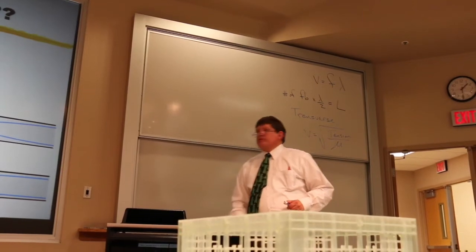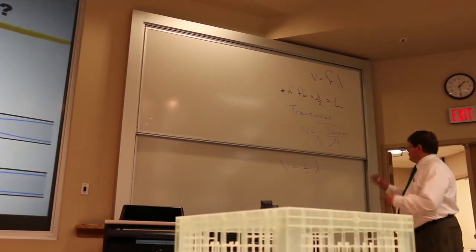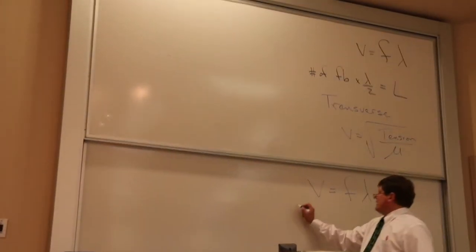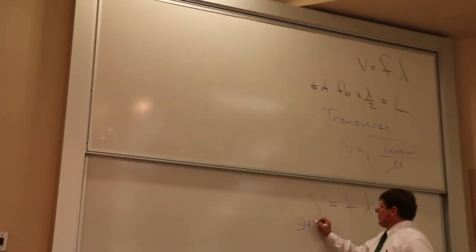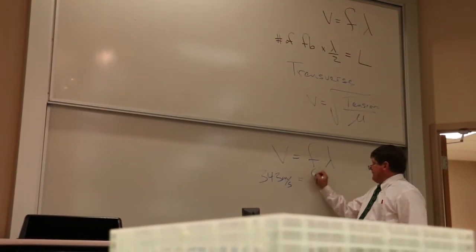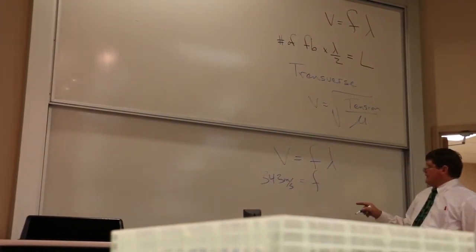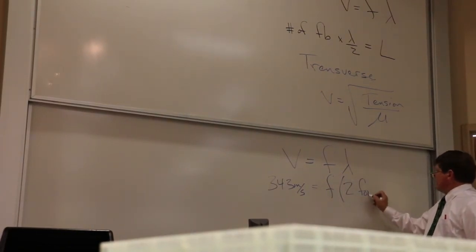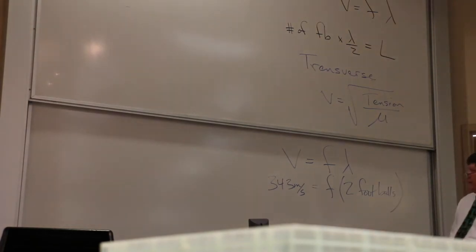I hope everyone said you wanted bigger footballs. Look at this equation. It's a sound wave, so the speed is fixed at 343. The speed is the frequency times the wavelength, and a wavelength is 2 footballs. So, if I have the same size footballs, I've got the same frequency.